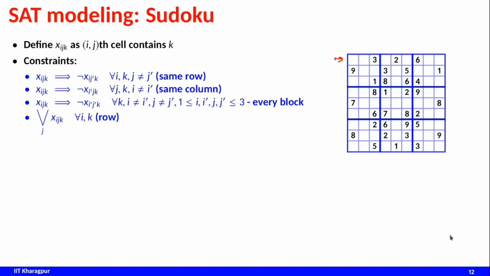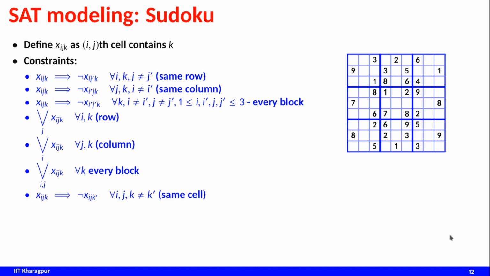So if I sum over j, or if I do a logical OR over the columns, then it should give me 1, or true. So k should appear on each row, similarly k should appear on each column, and k should appear on every block. So these are the basic constraints.